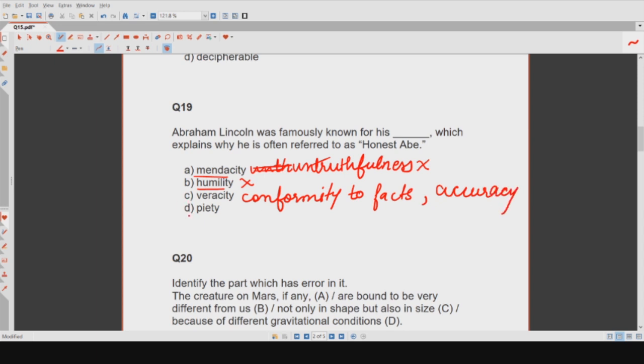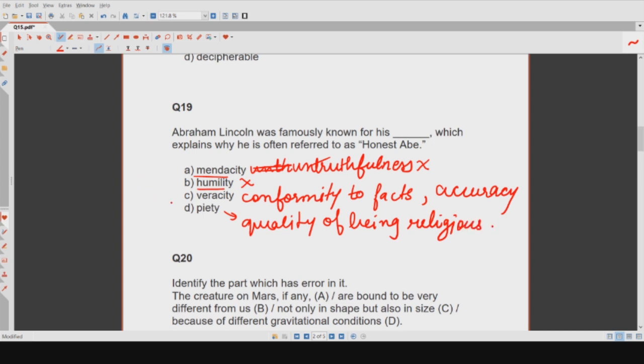The last option is piety. This means the quality of being religious.